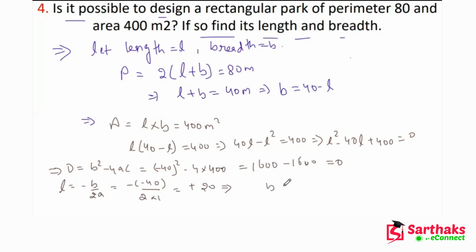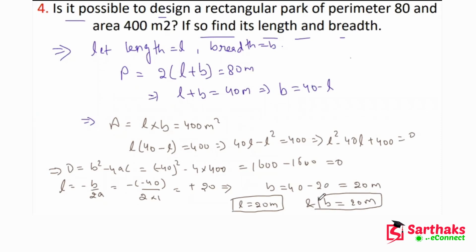B is 40 minus 20, which gives 20 meters. So L is 20 meters and B is again 20 meters. This is our answer.